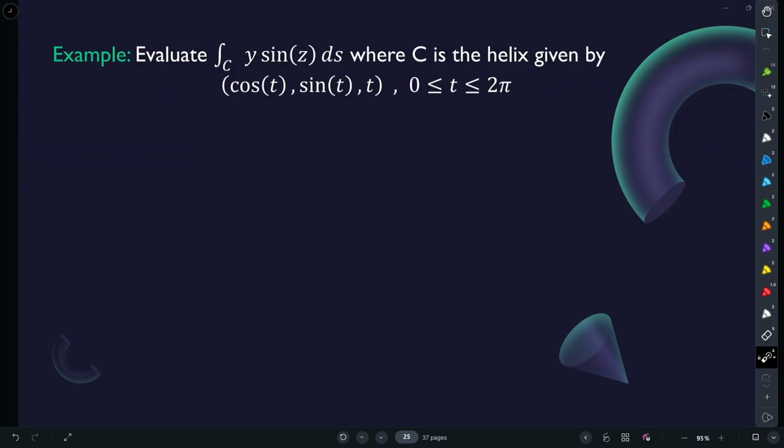If I want to compute a line integral about a path in a helix. We saw this example when we were talking about vector functions. This helix from 0 to 2 pi, it starts here, and it just goes one full loop around the y-axis.